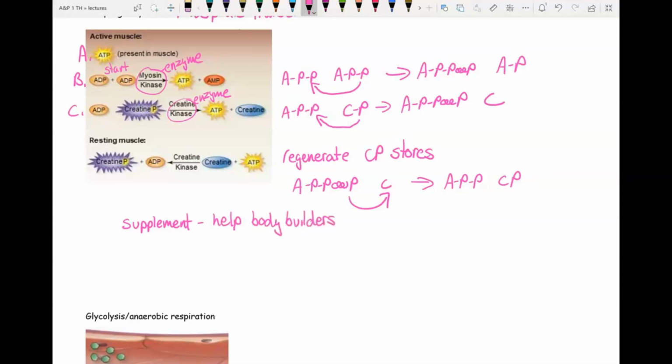Okay, there's nothing special about creatine phosphate that makes muscles grow, but what it does do is give more energy for lifting weights. So the idea is it enhances your workout because you have more energy and you can lift more weights.